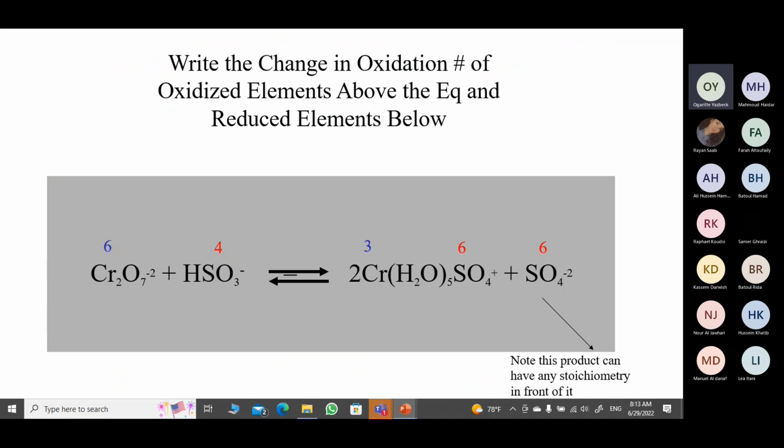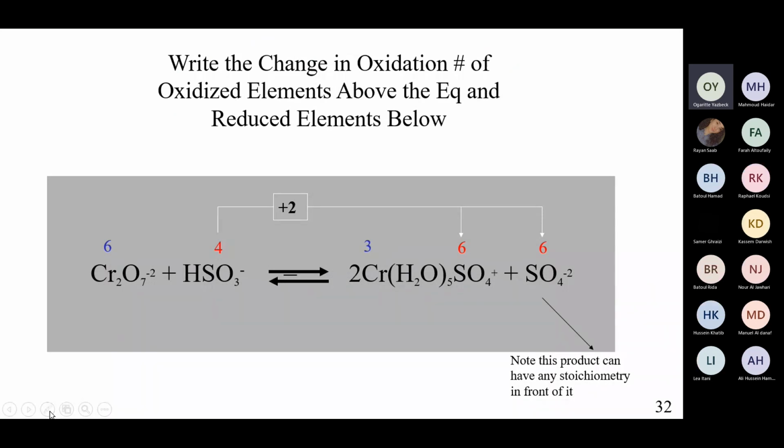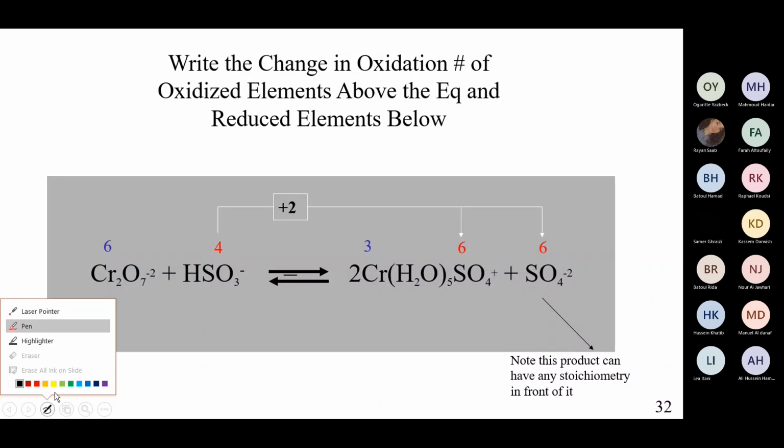Let's look at this example, much harder example to do. Okay, so we have the chromium. What I want you guys to do right now is do the oxidation number for each of these major elements.